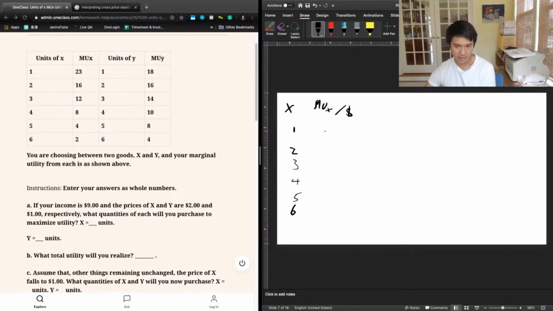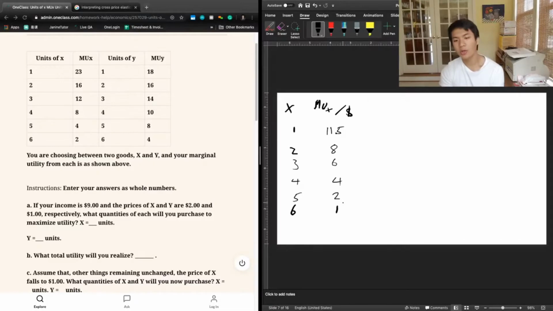Because that's our price, and we get 11.5, right? For 2, 16 divided by 2 is 8, 12 divided by 2 is 6, 8 divided by 2 is 4, 4 divided by 2 is 2, 2 divided by 2 is 1. And so this is our marginal utility per dollar. And this is how we're going to determine where we would spend given these prices and given our income level.